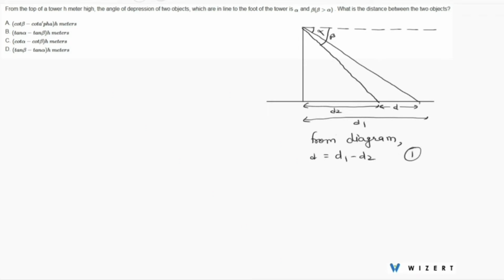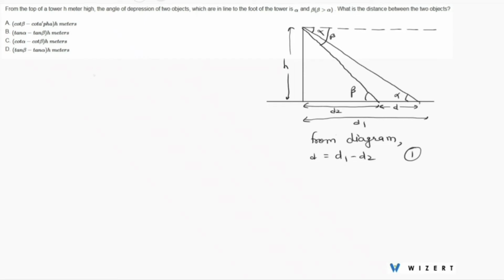Now we know angle of depression is equal to angle of elevation. So this must be alpha and this must be beta. And this is the height of the tower as given, which is h. So let's write trigonometrical ratios for this situation.